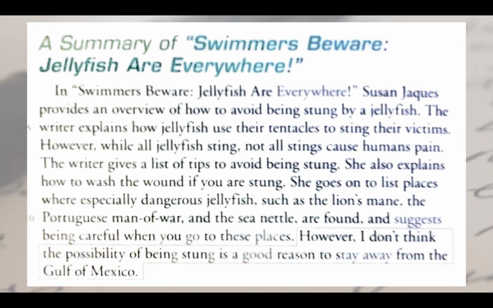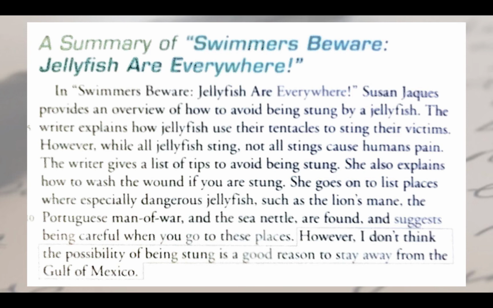In Swimmers Beware, Jellyfish Are Everywhere, Susan Jacks provides an overview of how to avoid being stung by a jellyfish. The writer explains how jellyfish use their tentacles to sting their victims. However, while all jellyfish sting, not all stings cause humans pain. The writer gives a list of tips to avoid being stung.